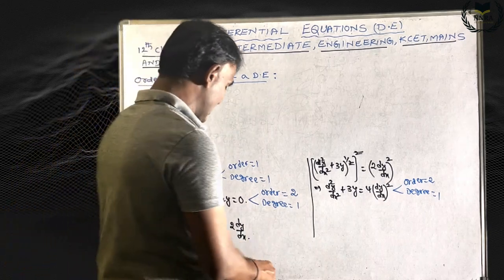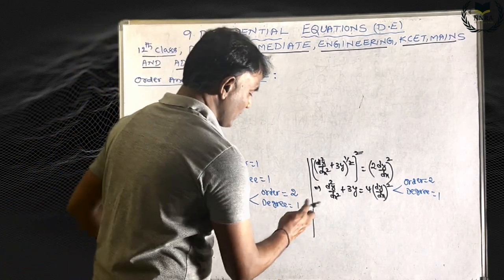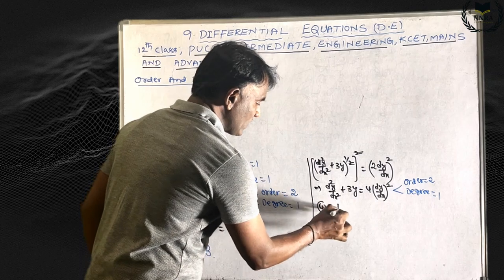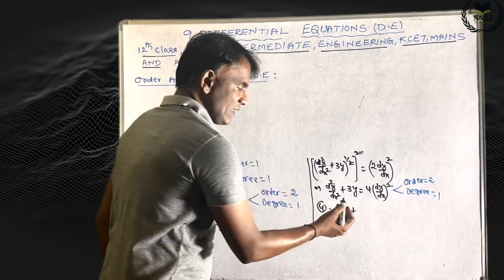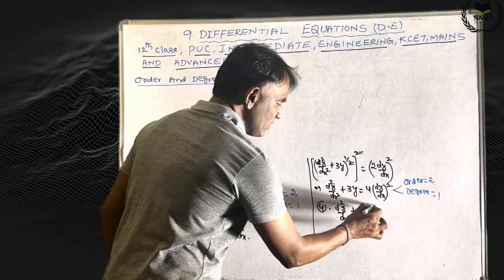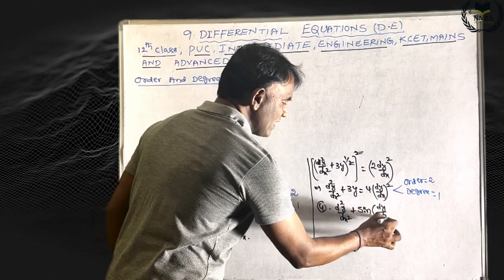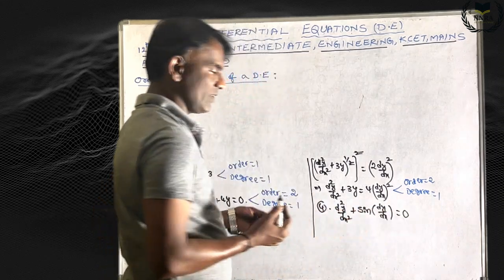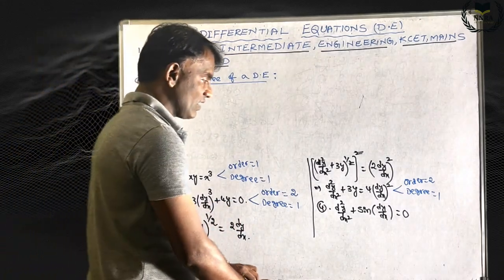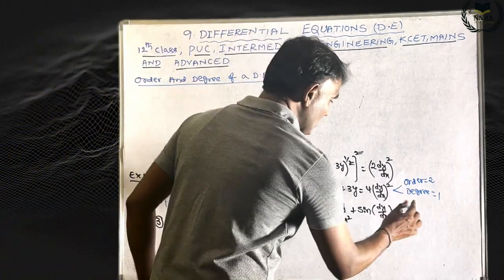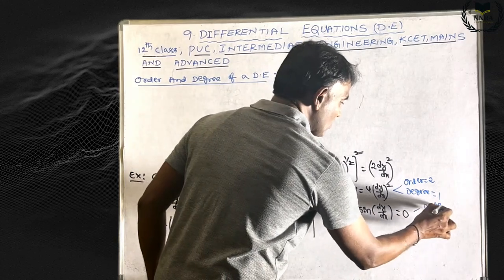And one more example, that is example number 4. Suppose the given equation is d square y by dx square, then sine of dy by dx equal to 0. Now what is order and what is degree for that? So order equal to 2.